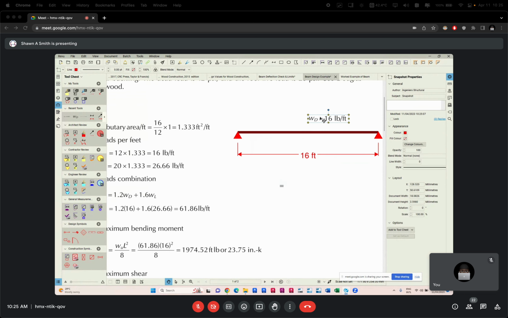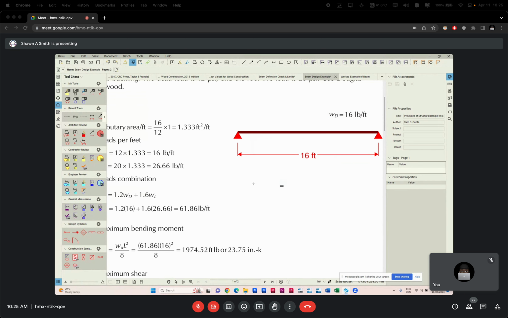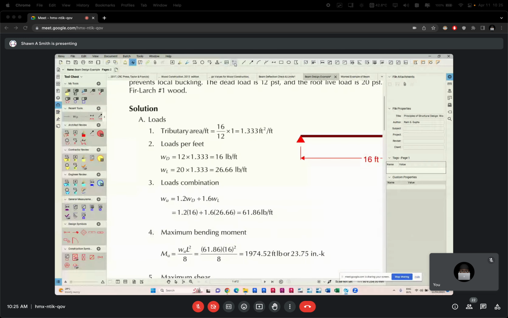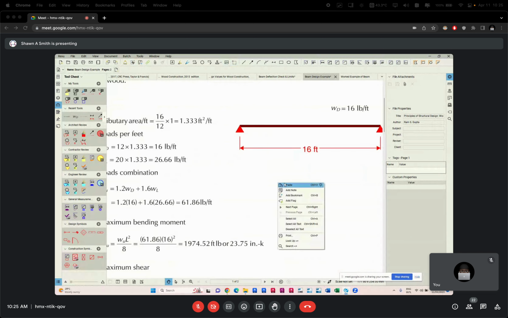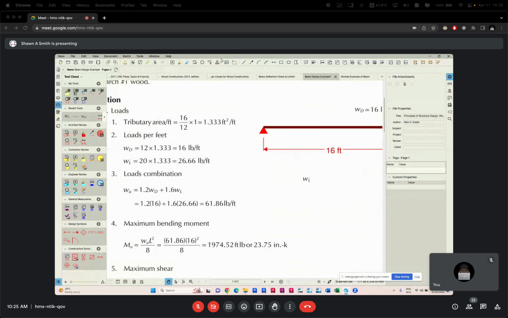So we have that as dead load up there. And we also need a live load.